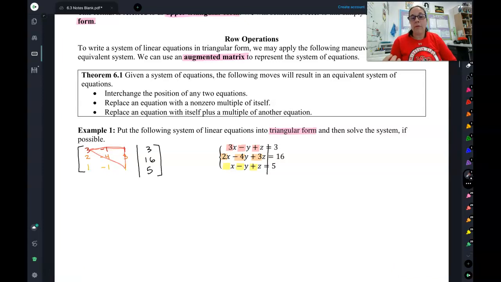To do that, we have 3 different things we can do. First, we can interchange the position of any 2 equations. So if there are 2 equations that we would like to flip places, we can do that. We can take any 2 equations in this system, flip their places, and it's still going to be okay. Second thing we can do, we can replace any equation with a non-zero multiple of itself.